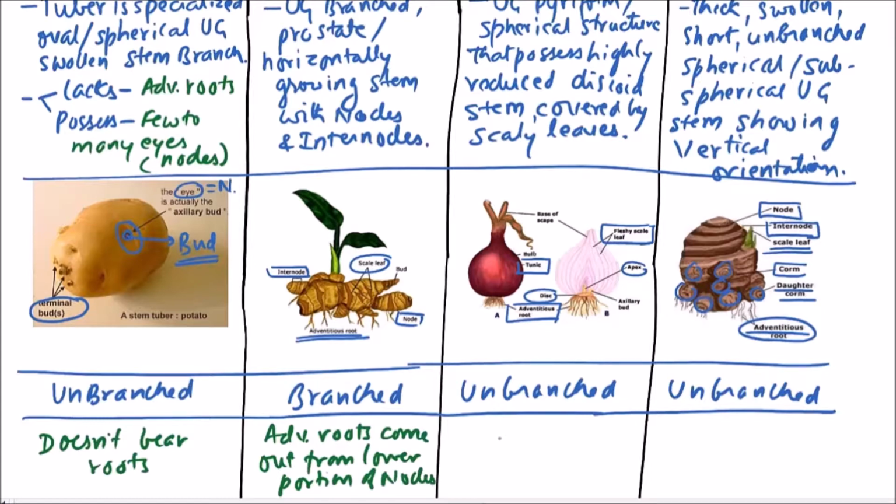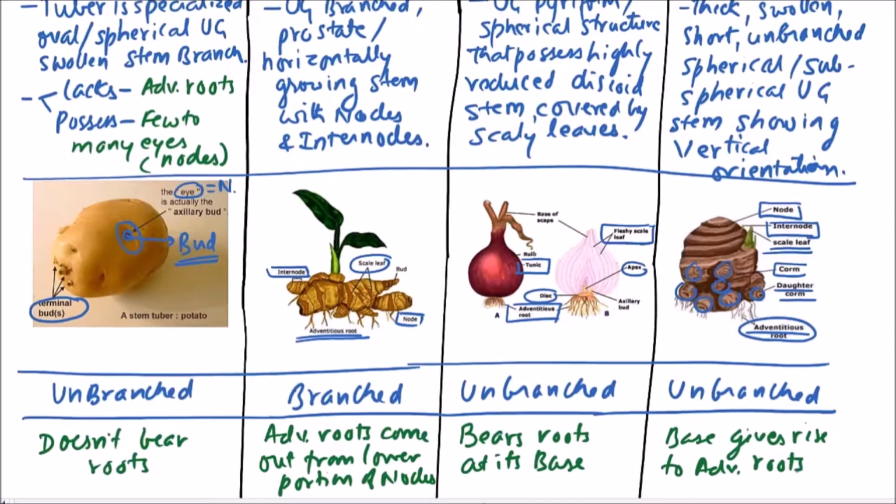In case of bulbs, bulb bears roots at its base. Same in case of corm, base gives rise to adventitious roots.